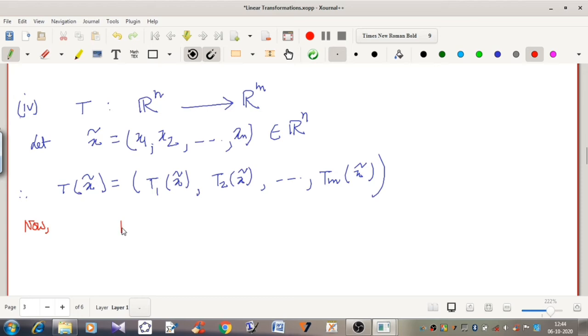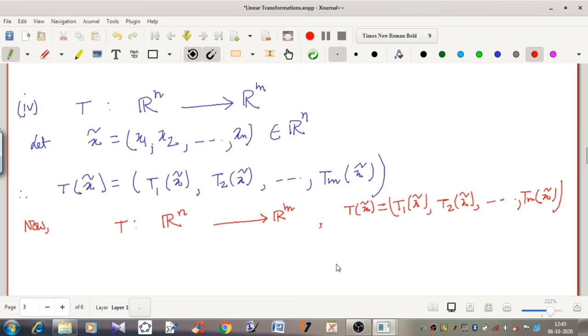Okay, we are considering a map T from the vector space Rn to Rm. So obviously T of x tilde is an m-tuple T1 of x tilde, comma T2 of x tilde, comma ..., Tm of x tilde.